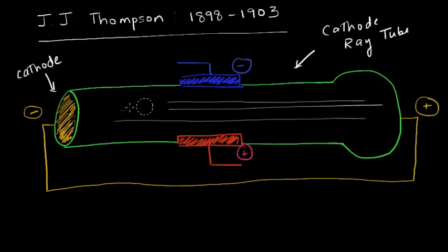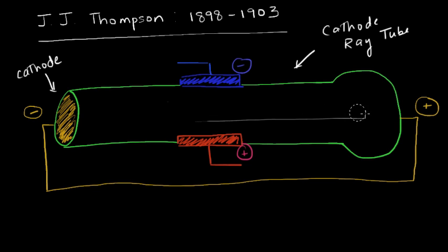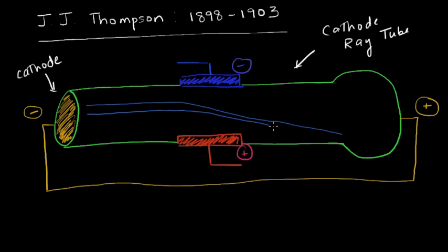Rather than seeing these nice straight lines, which all the other researchers had seen when they applied electric fields to their cathode ray tubes, Thomson saw rays which did something like this. They would go straight for a while, and then bend away from this negatively charged plate as soon as they encountered that region. And they did this with some consistency.